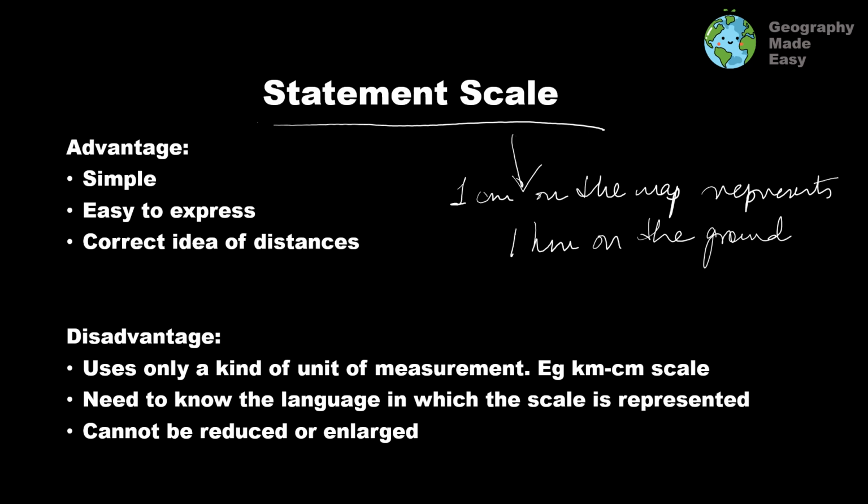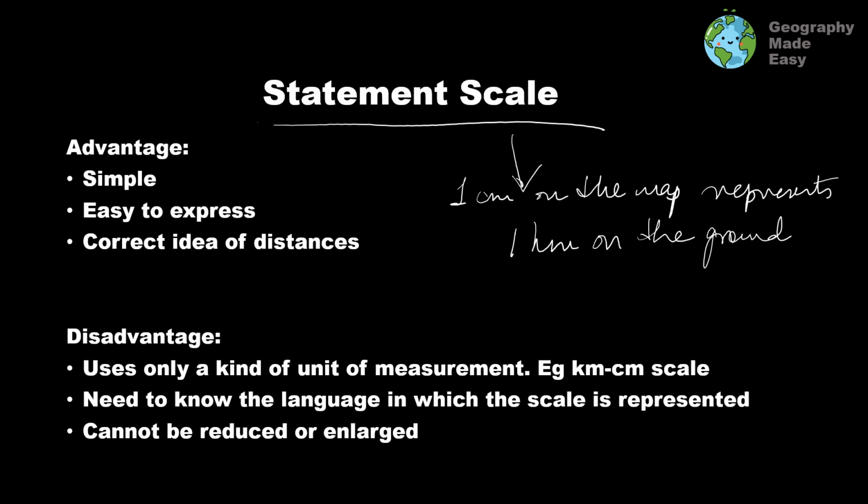If I am writing the scale in English and somebody cannot read English, that person will not be able to understand the scale. For example, if a Chinese person writes the scale in Chinese, or Russian, I will not be able to understand the scale, because I do not know that particular language. The third point is it cannot be reduced and enlarged.